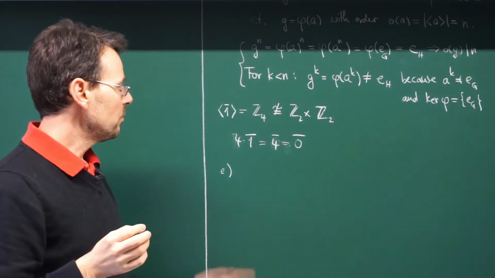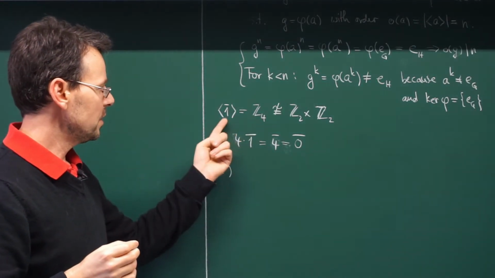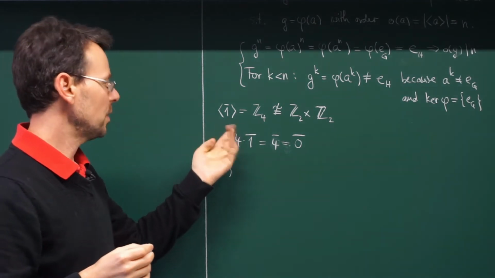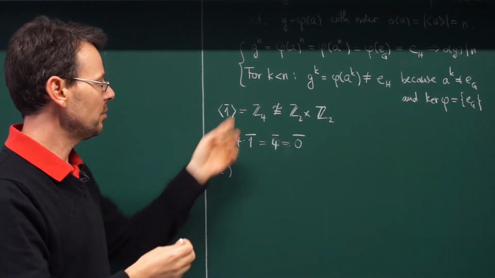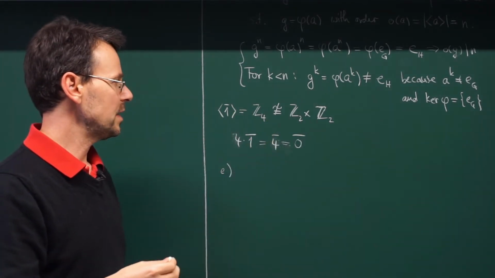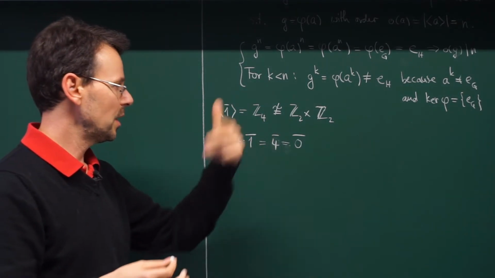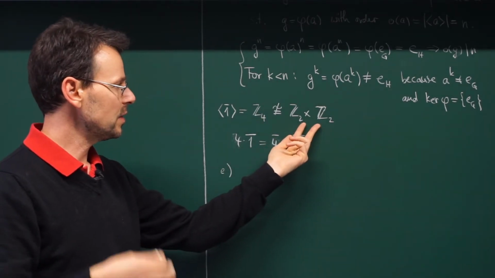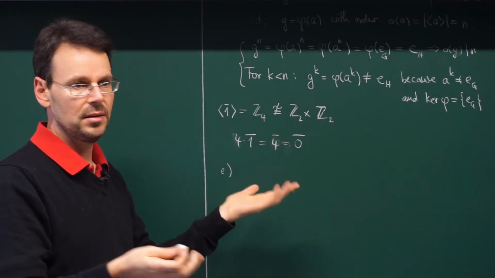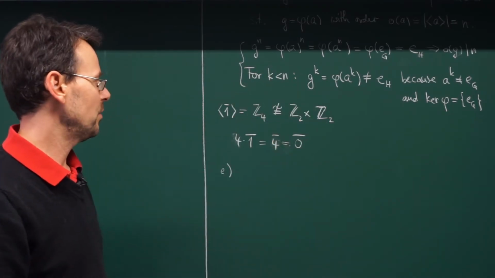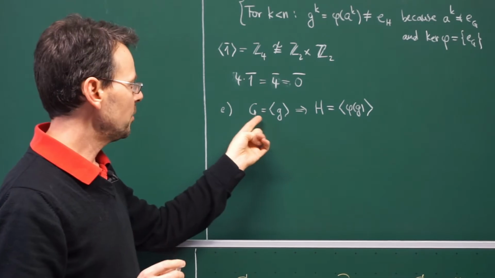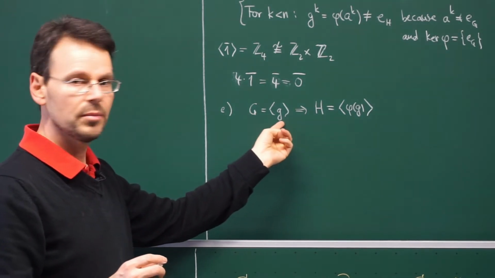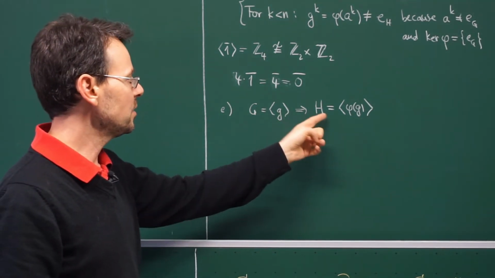Okay, and another proof would come from part E, because this here is a cyclic group, because as we've just seen here, 1 bar generates all the elements of this group, whereas this here cannot be cyclic, because if I raise any element here to the second power, I get the identity. So there's no element that could generate this group here. Okay, so part E can be written as follows. If G is cyclic, generated by an element G, then so is H.